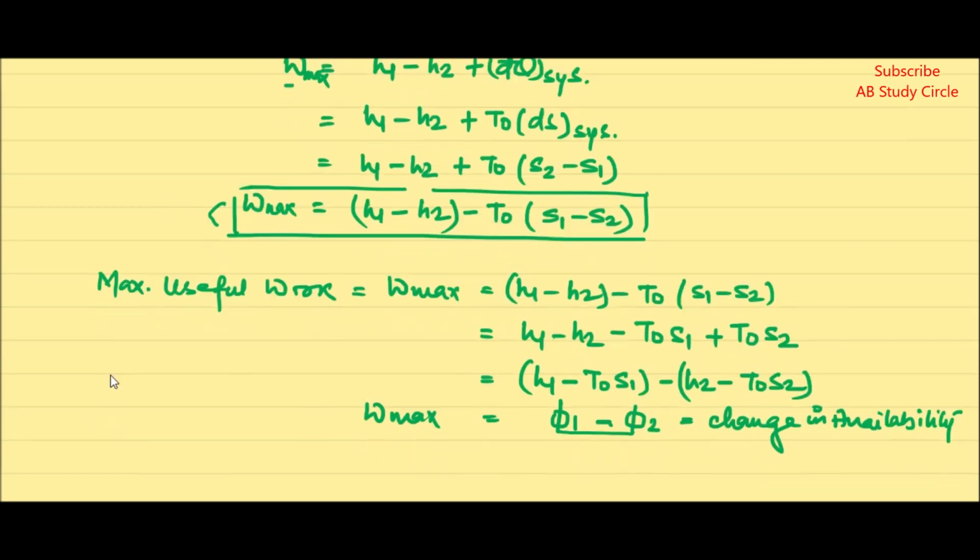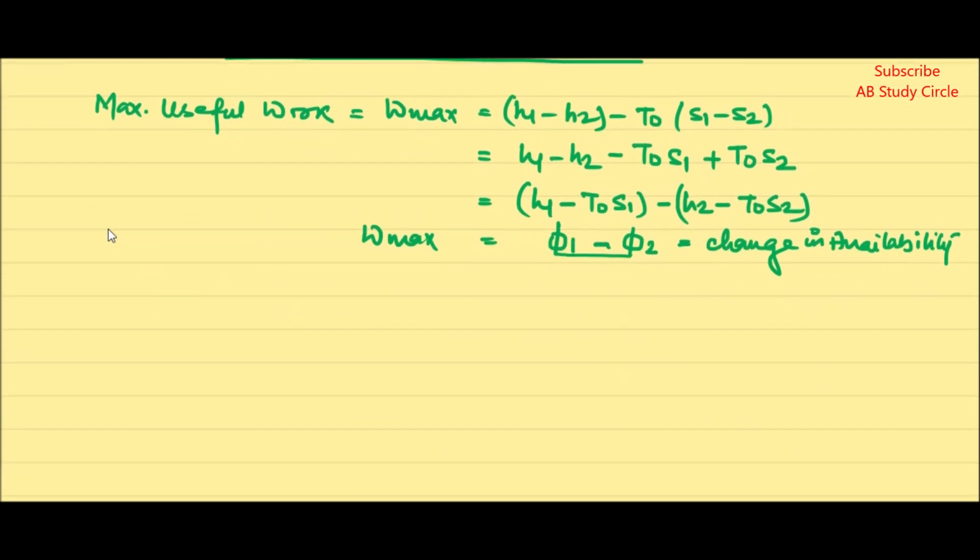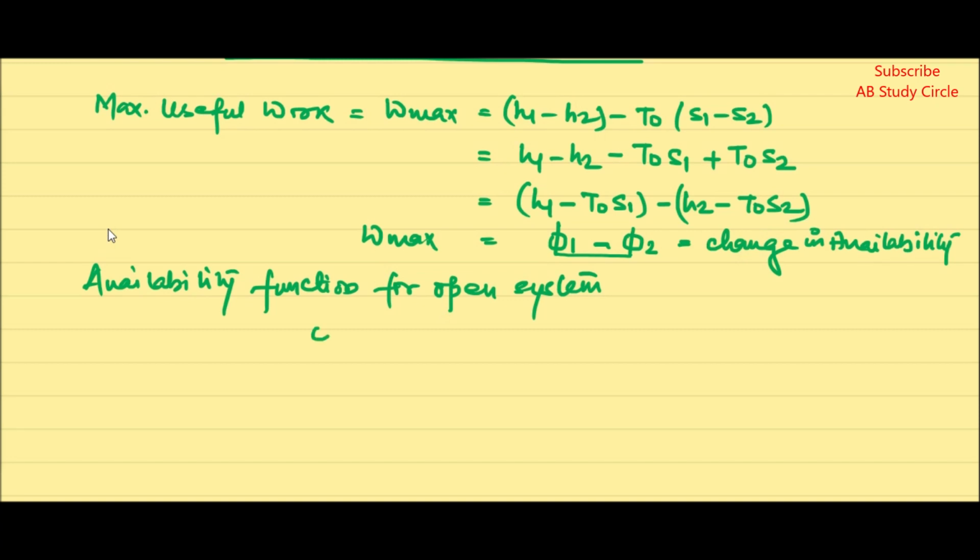Okay, now I can write the availability function for an open system as phi equal to H minus T0 S, right?